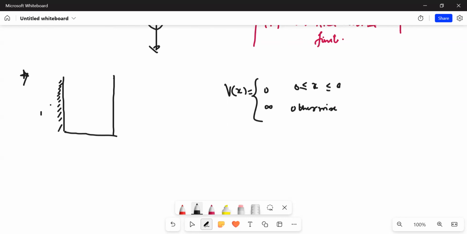here you have potential as infinite. Here again you have a potential as infinite. And here you have some potential. We know that for the particle in this box, the energy eigenfunctions are given by root over 2 upon a sine of n pi x upon a.